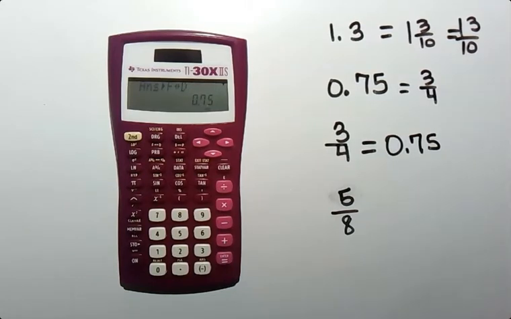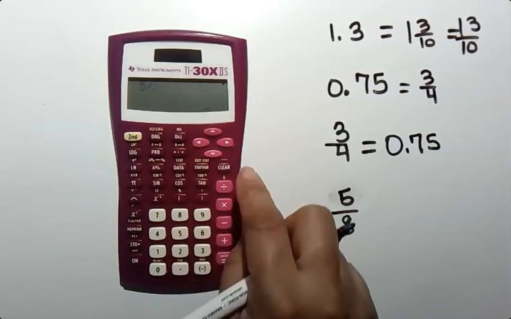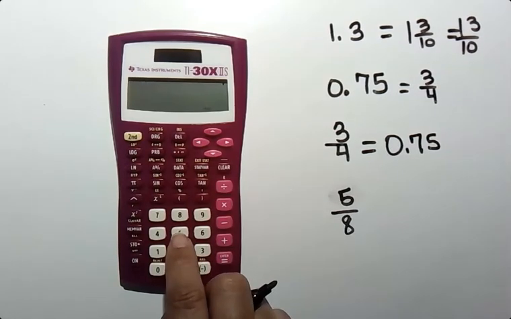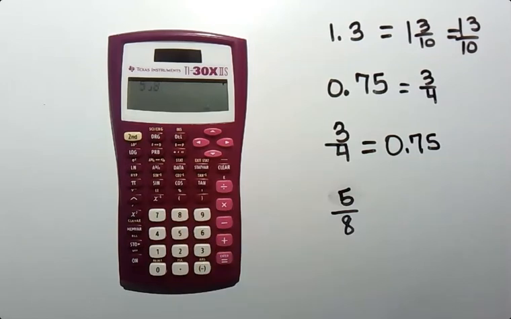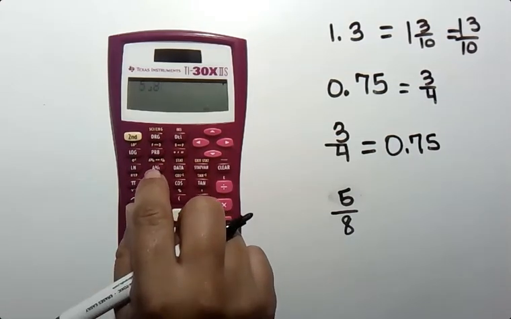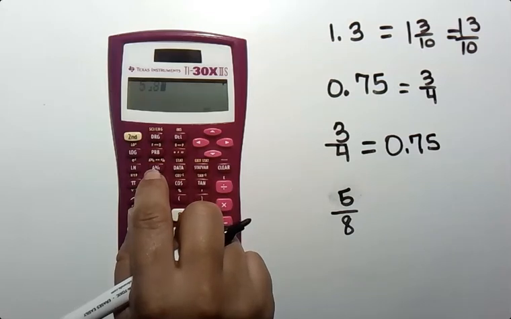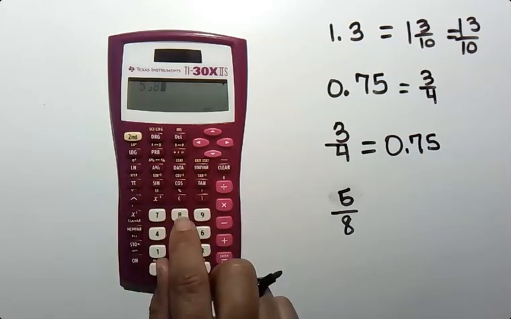Same thing happens if I have that 5/8. If I already have 5/8 in the calculator, then I just go automatically to that same button. But if it's not in the calculator, I'm going to type 5. Then I'm going to use the ABC button to enter in my fraction and then put my 8.